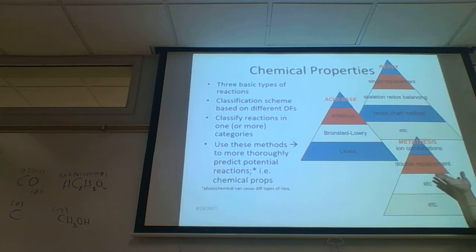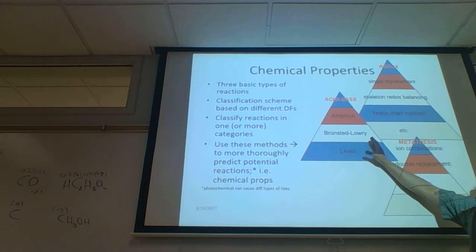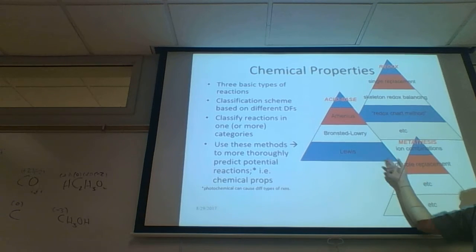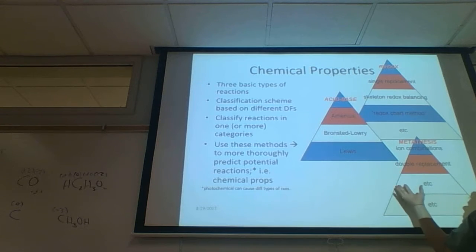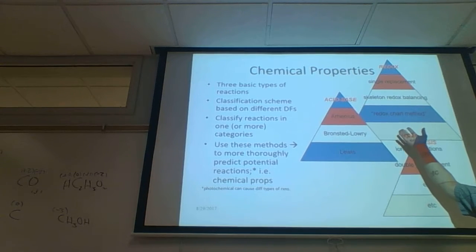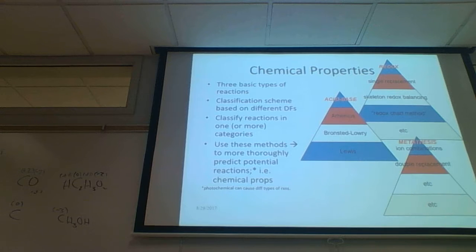When we look at a metathesis reaction, we start to think, okay, what's an unstable combination? What's a stable combination? And it's different for acid base. Sometimes there's some overlap. What's a stable combination? What's an unstable? And it's different for redox. And we have three different schemes which we look at. We can put these into the subcategories here.